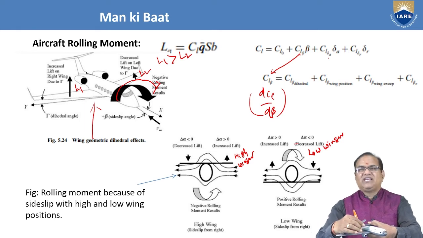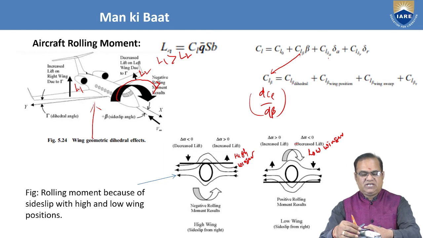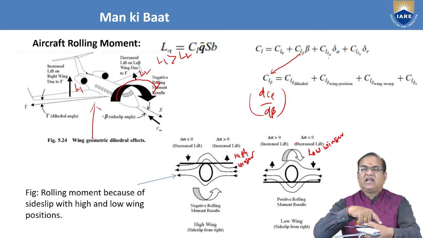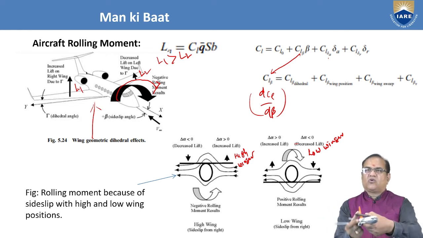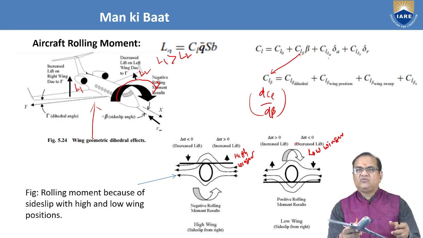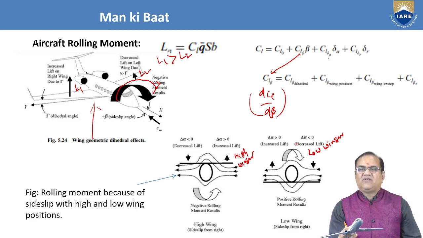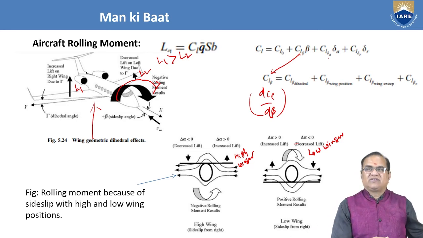So the right wing will experience more velocity and more lift, and the left wing less velocity and less lift, so it will roll like this. So the aircraft will generate a negative rolling moment, which is useful for lateral stability.